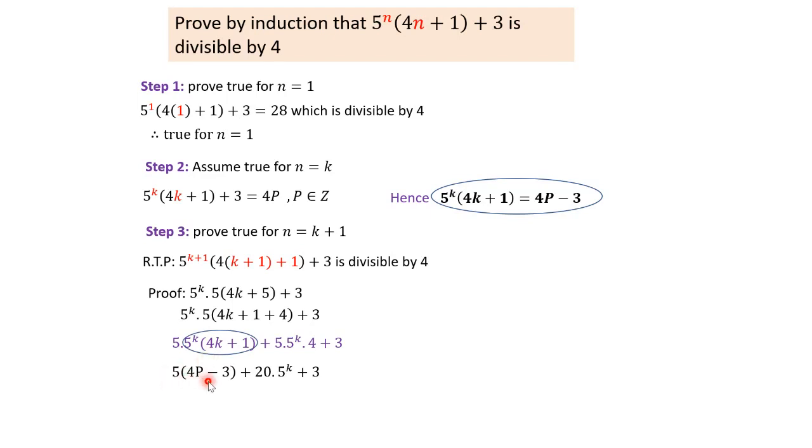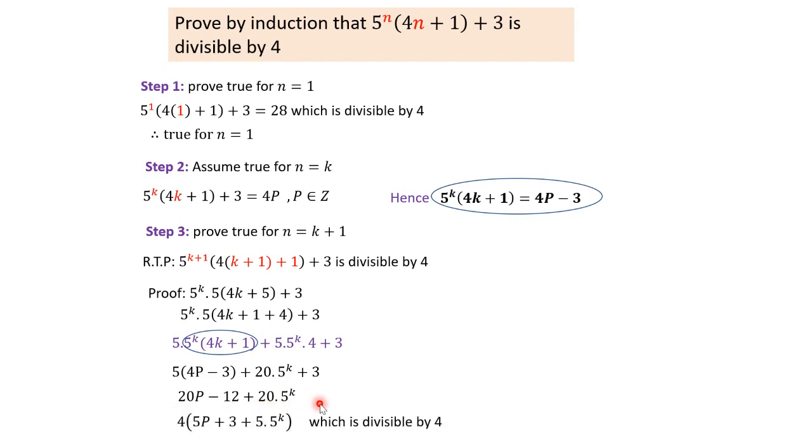And so what do I end up with? 5 times 4p minus 3, plus 20 times 5 to the k, plus 3. Now, it might look messy and untidy because you've got p's and k's, but we actually don't mind how many different variables there are as long as I can take out a common factor of 4. When I distribute this, you can see that you have 20, 12, and 20 as your coefficients. So what can I do?